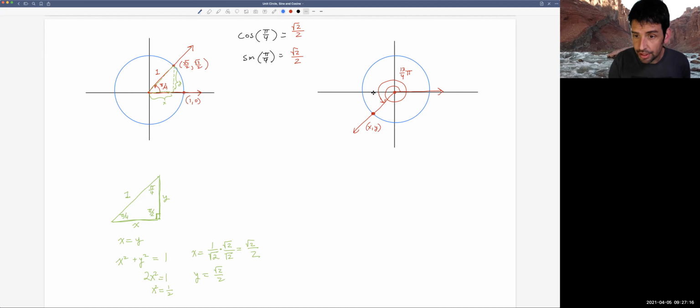Notice the reference angle, if you remember that from one of the previous videos, this small angle between the terminal side and the x-axis, we're ignoring all these extra rotations. This is going to be an angle of pi over 4, right?